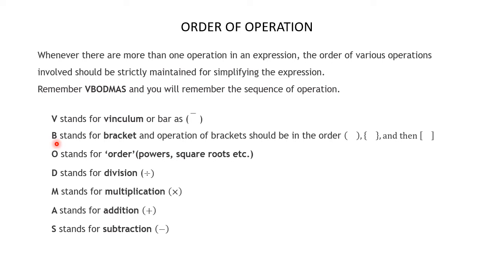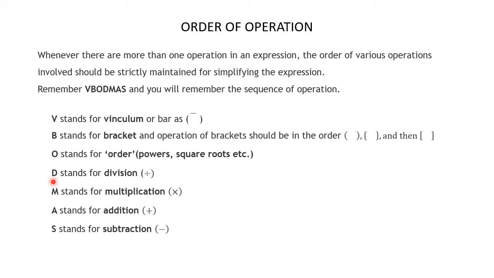B stands for bracket, and the brackets should be solved in the order: first the round brackets, next the curly brackets and then the square brackets. That is, first you have to solve whatever is given within the round brackets. Then you have to solve whatever is given within the curly brackets and finally whatever is given within the square brackets. O stands for order, that is powers, square roots, etc.